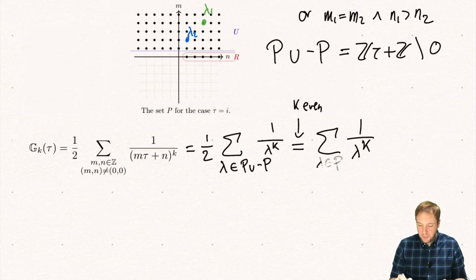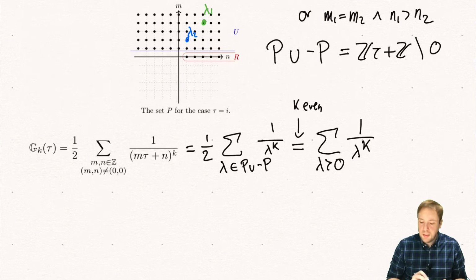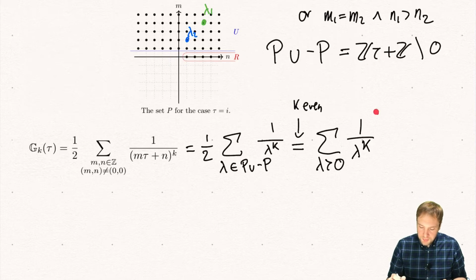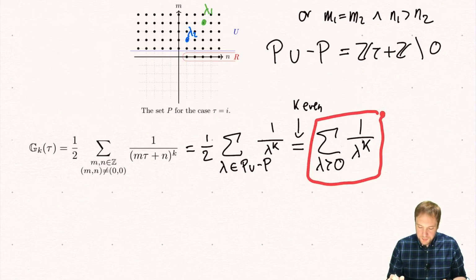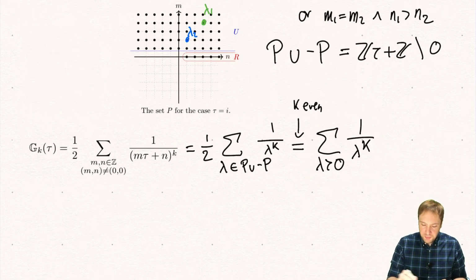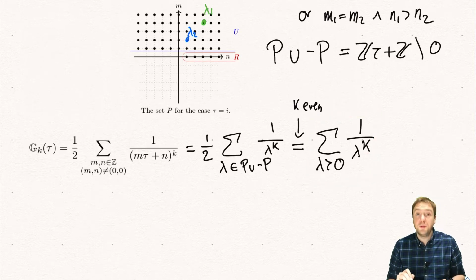So in other words, I could also rewrite this as the sum over all lattice points which are larger than the lattice point 0. Here we see that this now looks more similar to the definition of the Riemann zeta value. And also notice that if k is odd, then this is not 0 anymore.